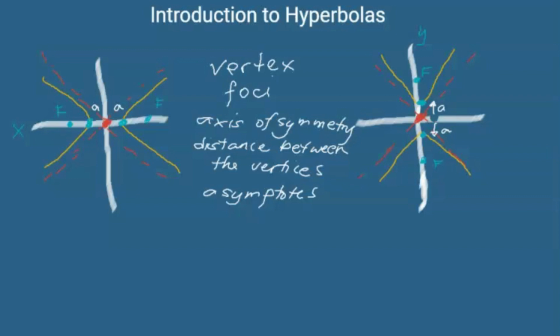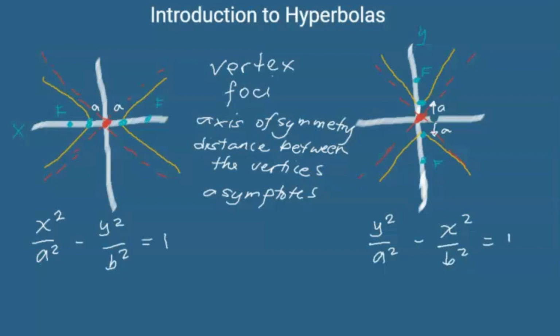For the hyperbola that opens left and right, the standard equation is x squared over a squared minus y squared over b squared equals 1. And for the hyperbola that opens up and down, the standard equation would be y squared over a squared minus x squared over b squared equals 1.